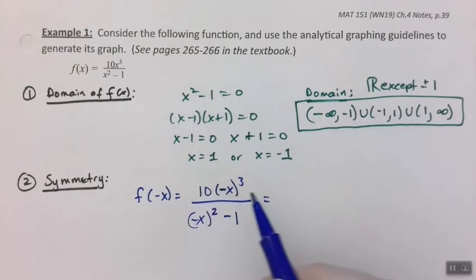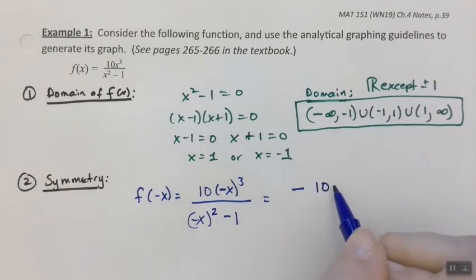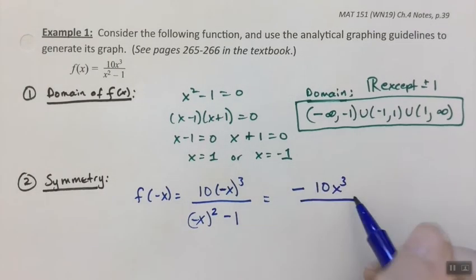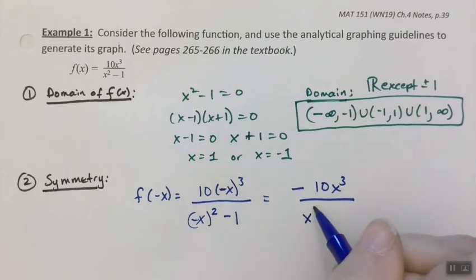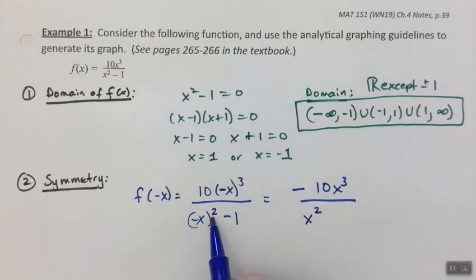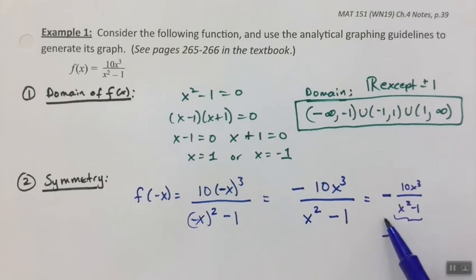Okay, well, a negative inside a cubed will actually become negative 10x cubed over, and the negative inside a squared will become positive x squared, because when you take a negative and you square it, you turn it positive. So in other words, this is negative 10x cubed over x squared minus 1, and this whole thing really is negative f of x.